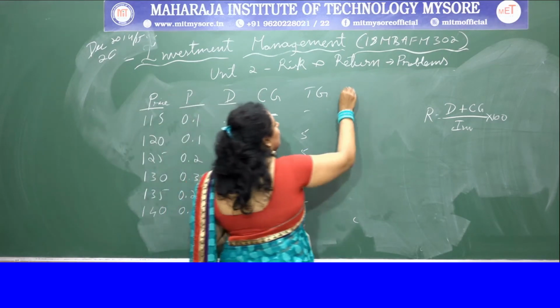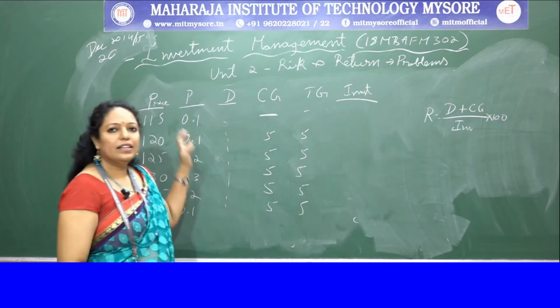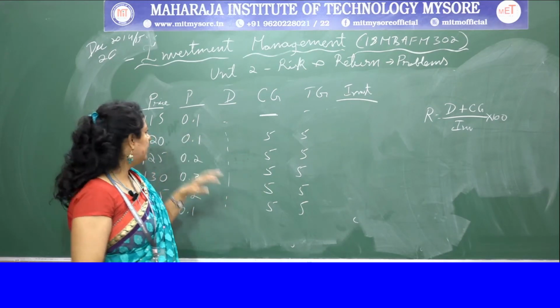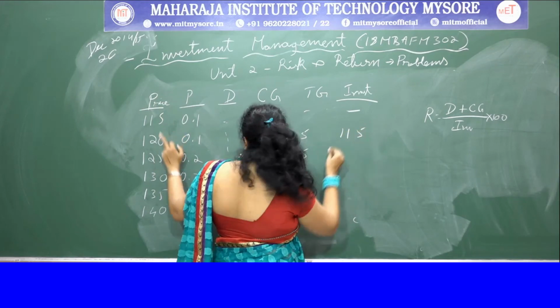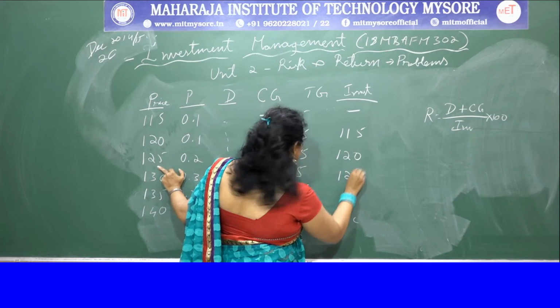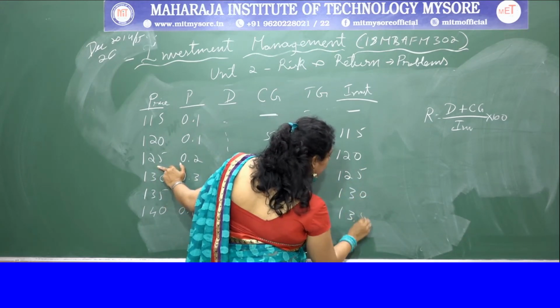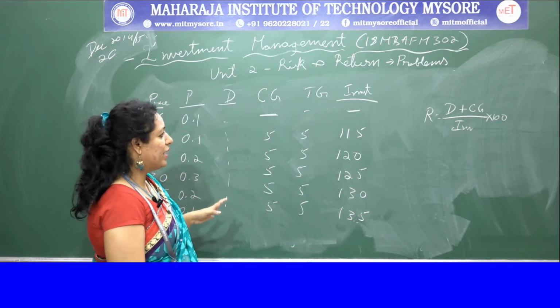Then for the division, we need investment. To calculate investment, the closing price of the previous year becomes the investment for the current year. So for the first year it is nil, and the previous year's price we are going to write as the base price.